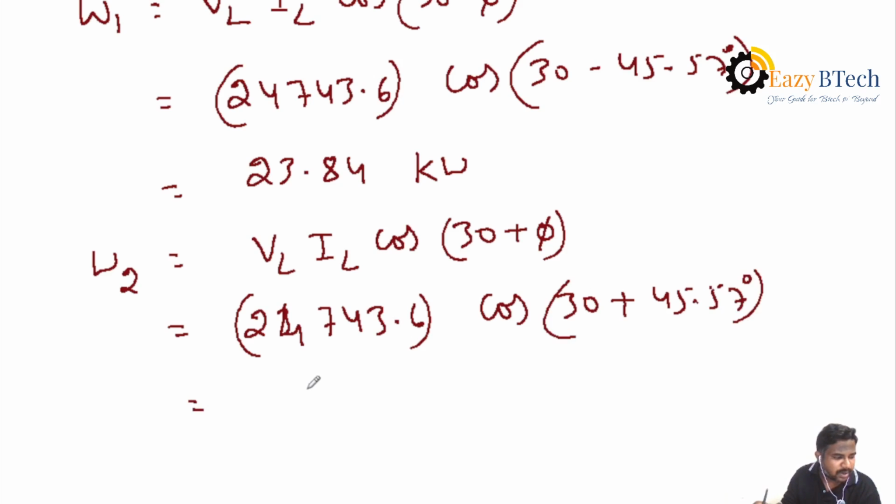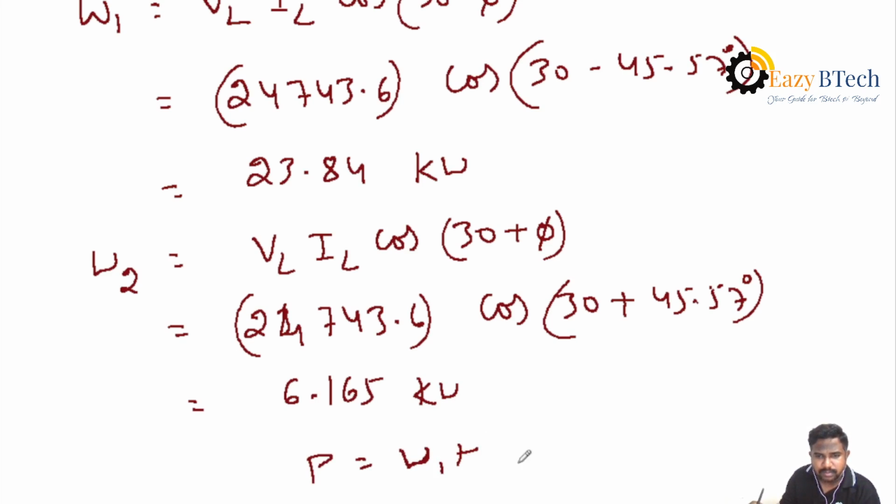Then you multiply and you will get 6.165 kilowatts. When you add W1 plus W2, you can verify whether the values are right or wrong. Hence P equals W1 plus W2, and you will get the given total power value of 30 kilowatts. When the sum of the two readings equals the given power, the values found for W1 and W2 are right.